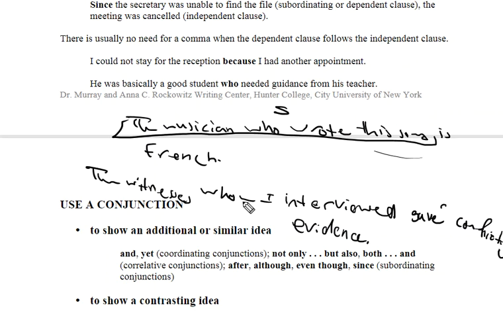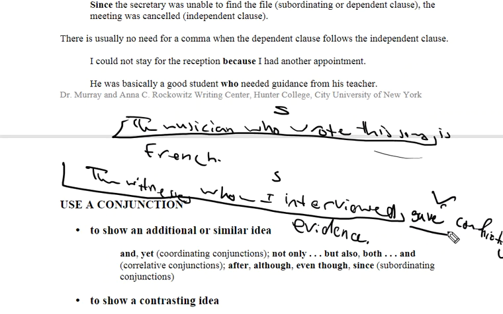The witnesses whom I interviewed, so I'm still talking about the witnesses, specifically those whom I interviewed. It's like giving them an attribute. It's working as an adjective here to specify which kind of people I'm talking about. So here's the subject, here's the verb, gave.